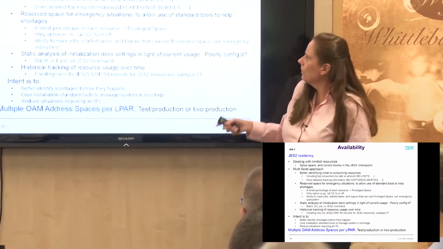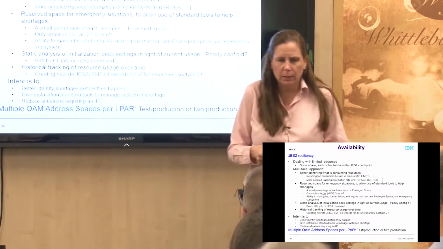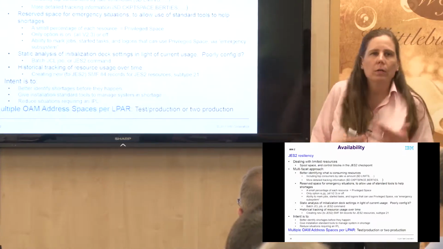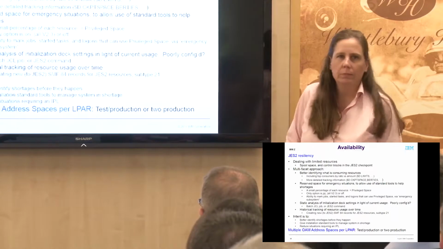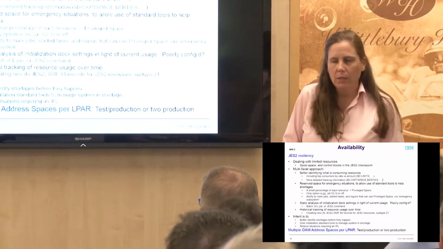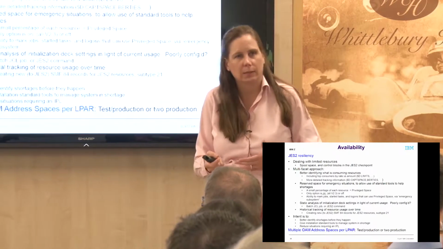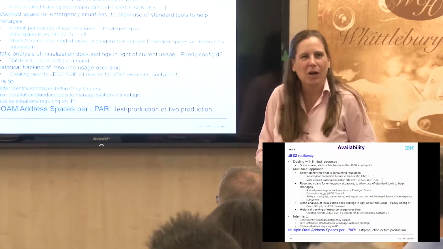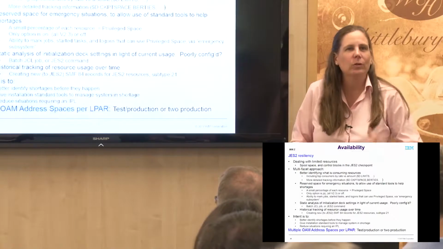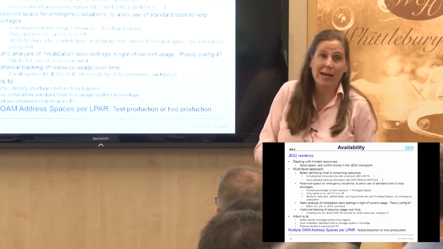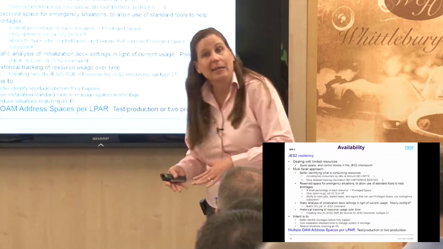Well, what is that? The system now automatically will allocate a small percentage of these limited resources that you might have. Do you get to control how much that percentage is? No, you do not. JES2 will decide how much of the resources they want to reserve. However, you do have the choice on whether you have this reservation or not.